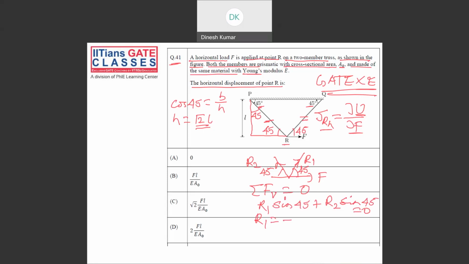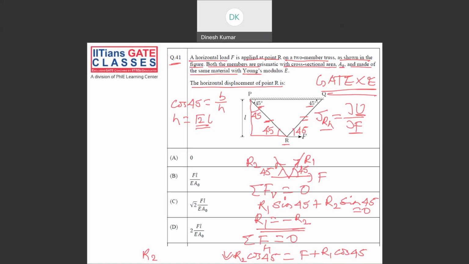So your R1 is equal to minus R2. Now if you take the summation of forces at R in the horizontal direction equal to 0, you will see R2 cos 45 is equal to F plus R1 cos 45.